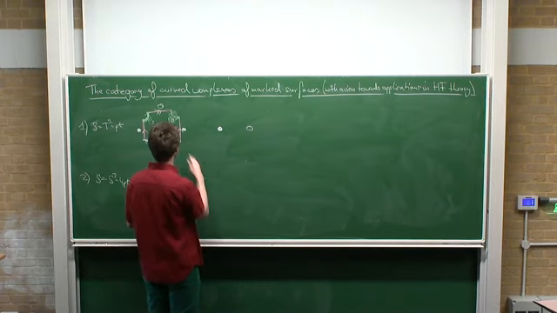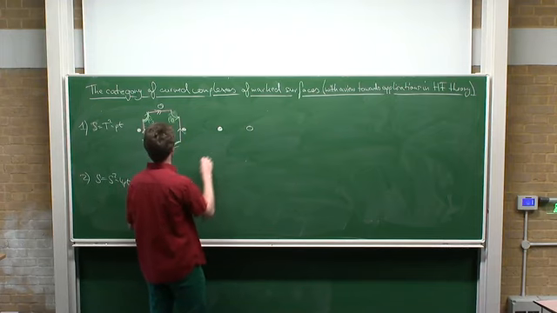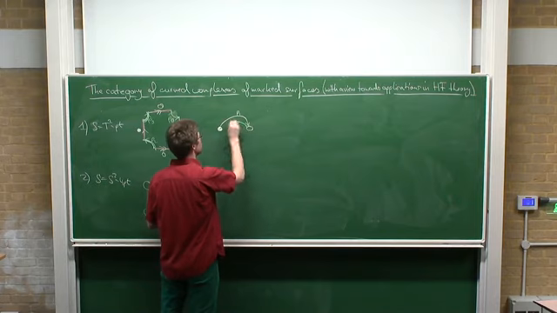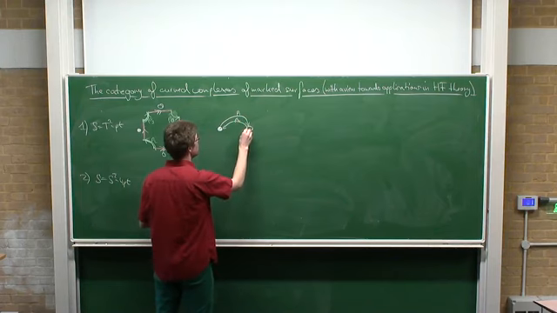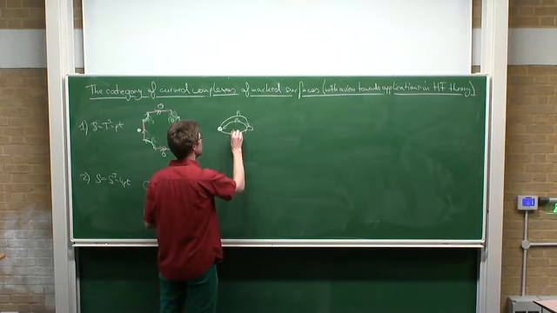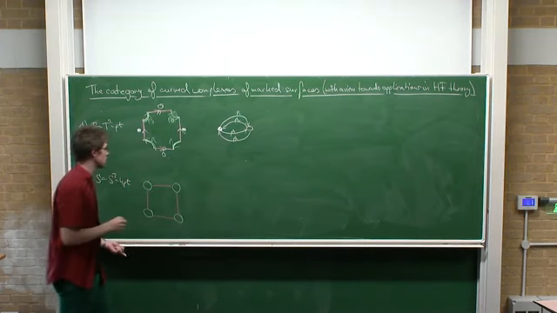So there are 4 arrows. So we go from here to here by row 1, then come back by row 2, and then let's go in the other direction by row 3, and then row 0. Okay, so that's what this quiver looks like.